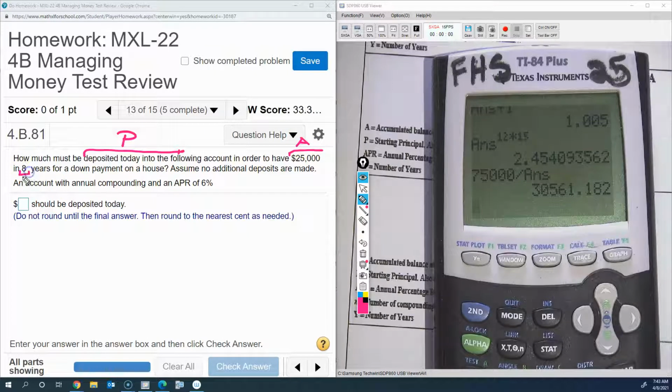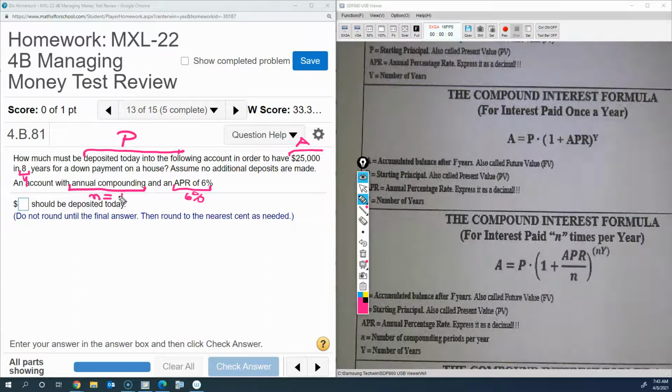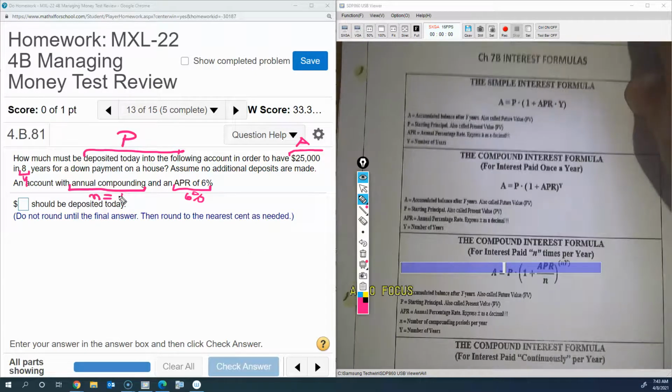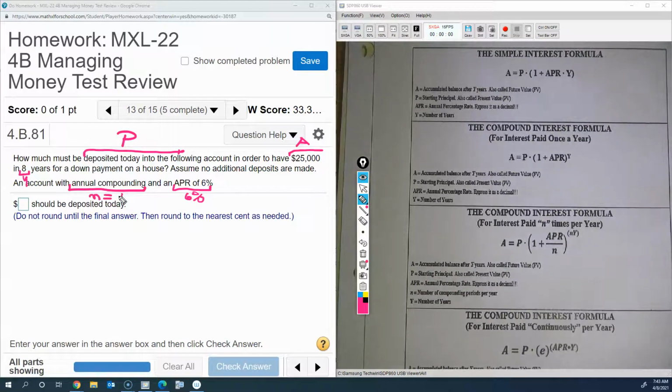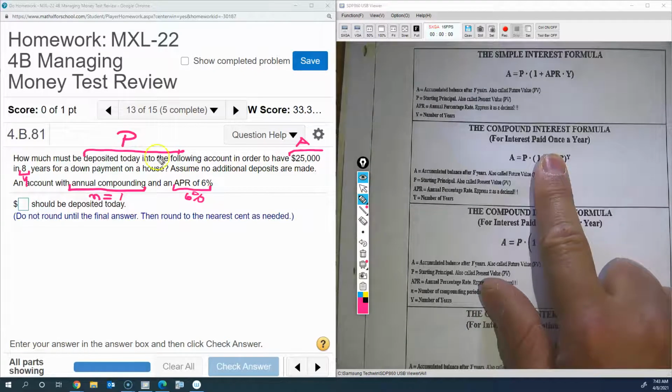Your time is 8 years, and your APR is 6%, and it's annual. Okay, so which formula? The second or the third? The second formula right there, because it's annual and it's being compounded annually.